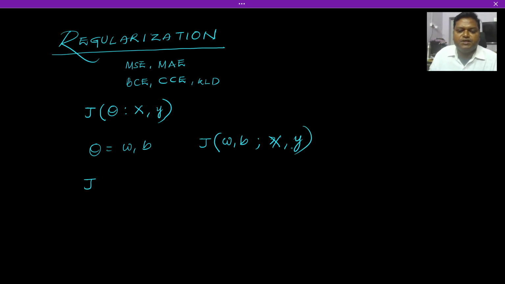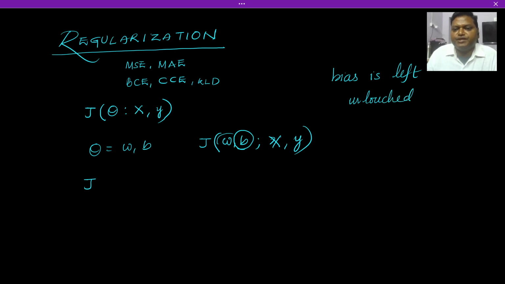And one more point we have also made clear: in regularization we are not touching biases. We are regularizing only weights. Bias is a single term, left unregularized.